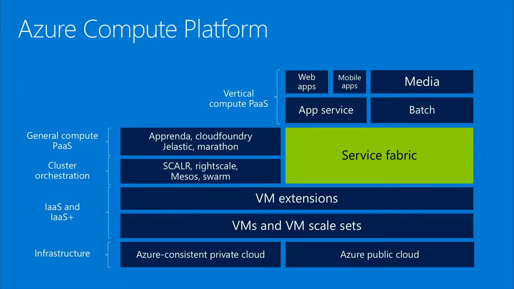Now, what is also interesting about this diagram is, even though Microsoft is providing the Service Fabric technology, you can certainly go out and find another cluster manager of your choice and run it on top of Azure. So you can see things like Mesos. And also note here that Service Fabric essentially straddles the cluster orchestration and the general compute IaaS platform that I talked about. So it's a general purpose platform for building microservices.